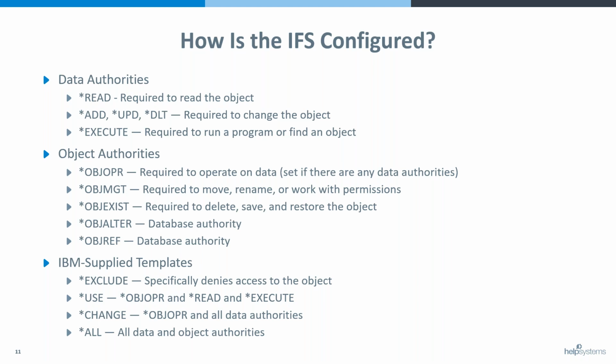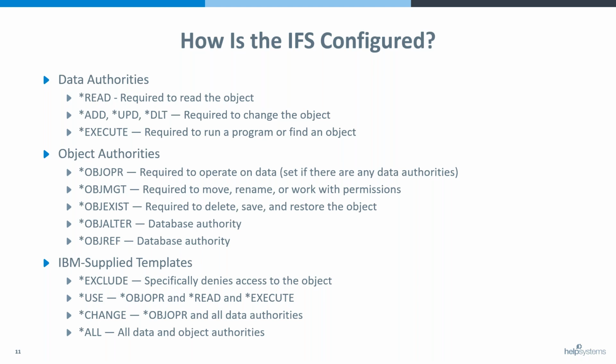Object management is needed to move, rename, or work with specific permissions. Object exist is required for deletes, saves, and restores of the object. Object alter is that database authority. Object reference is also tied to that database authority.